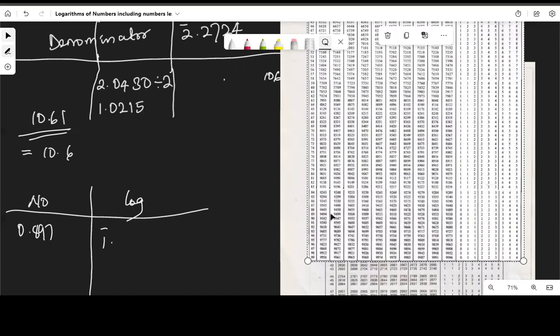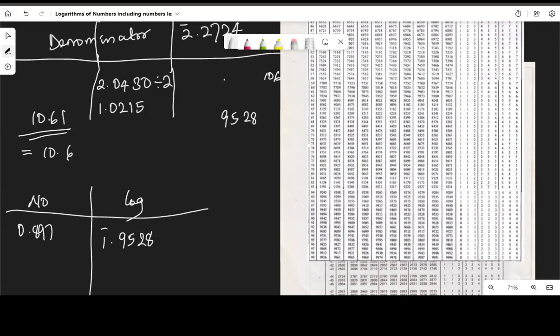If I'm looking at 89 under 7 it is 9528. Then difference, there's no difference. So let me write it right here, 9528 for the first number.